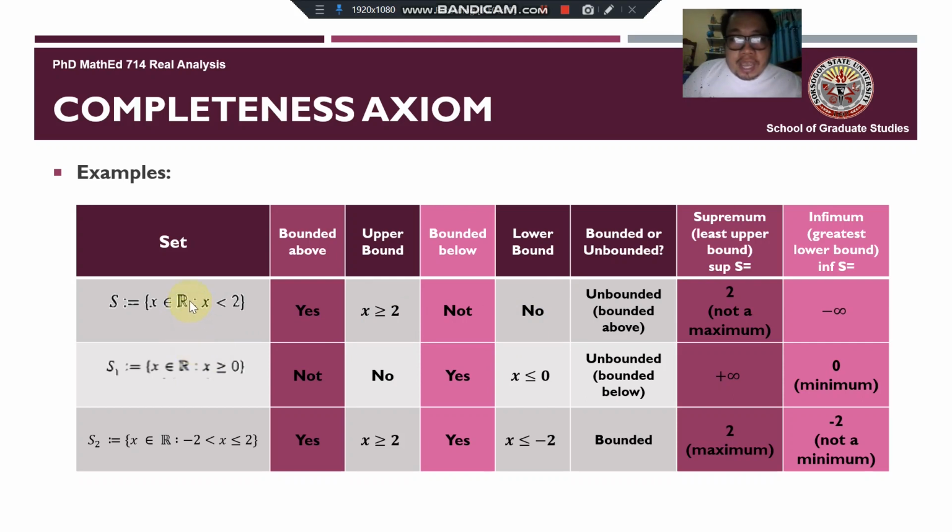For set S, this is the possibility of having a supremum but no infimum. For S sub 1, this is the possibility of having an infimum but no supremum. Then on S sub 3, we have both a supremum and an infimum.